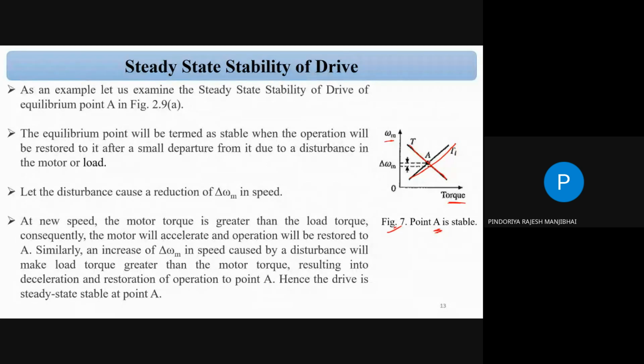Both torque profiles intersect at point A, and we have to find out whether point A is stable or unstable. Stable means T equal to TL. Is this condition fulfilled for this graph? Suppose yes, then we can say it is stable. Suppose no, then it is not stable.